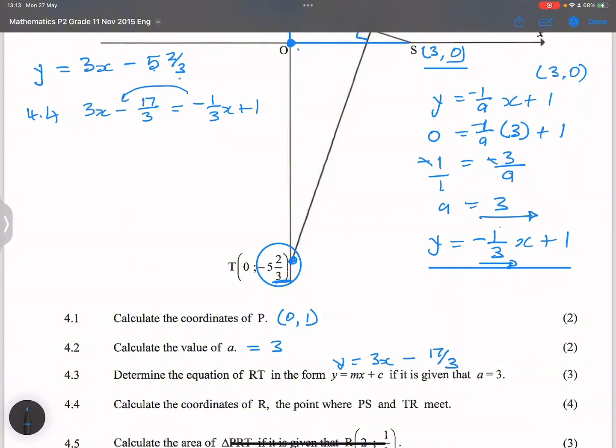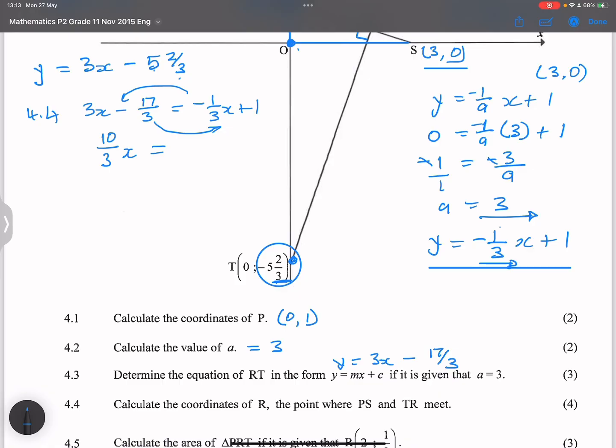Okay, let's try to work through that. So we've got 3x plus 1/3x, so that will give us 10/3x. So 3 plus 1/3 will give us 10/3. And if we take that 17/3, it becomes positive, so this becomes 1 plus 17/3.